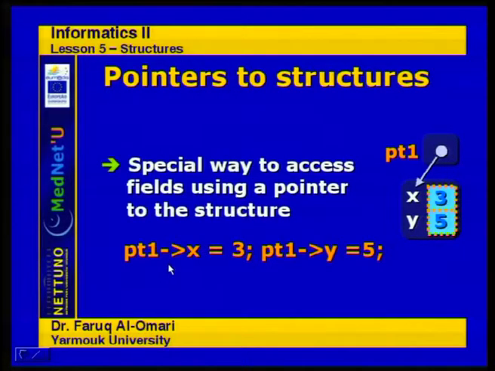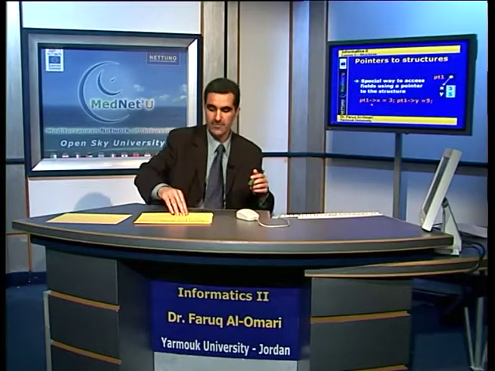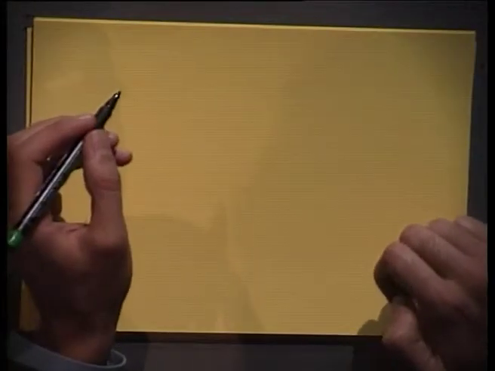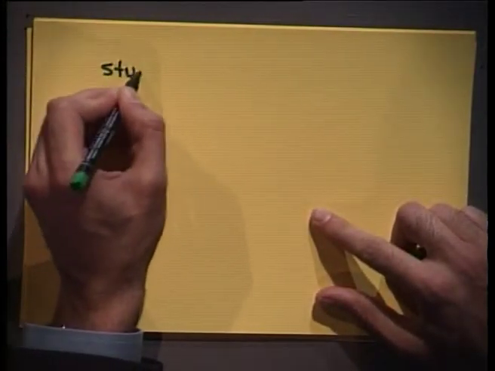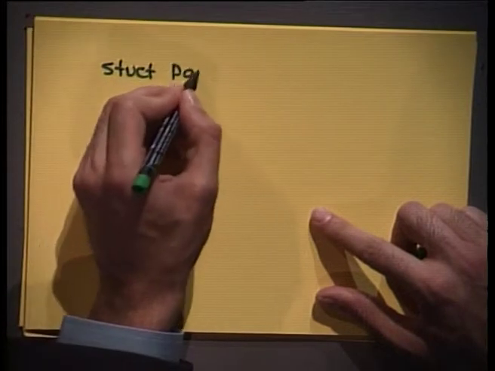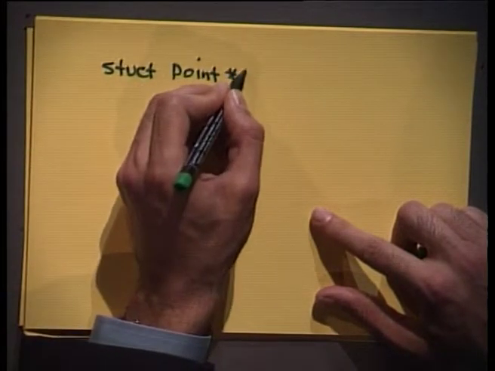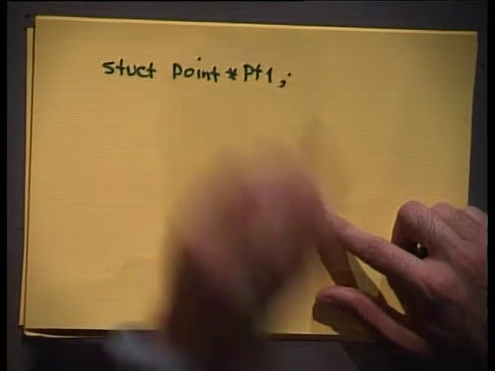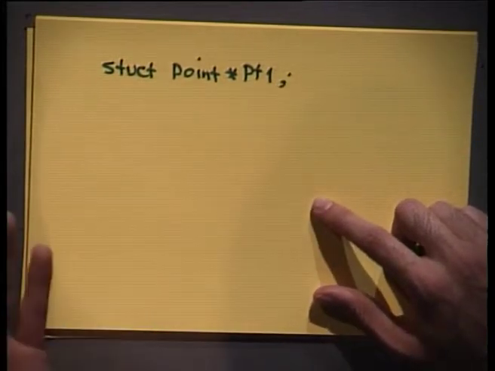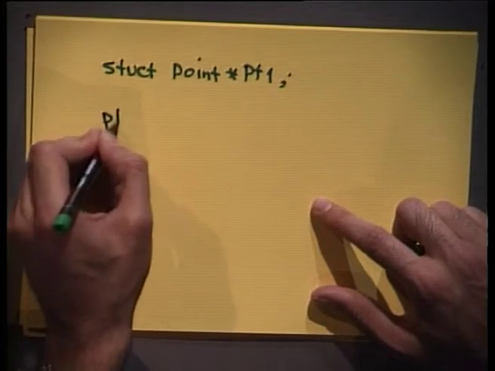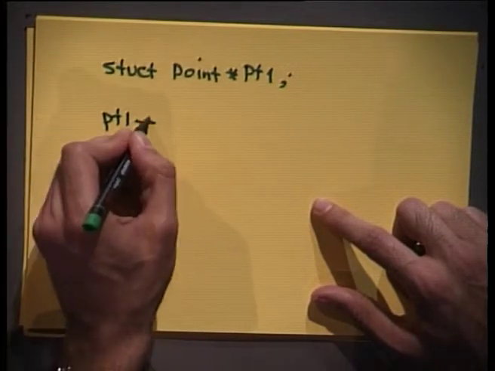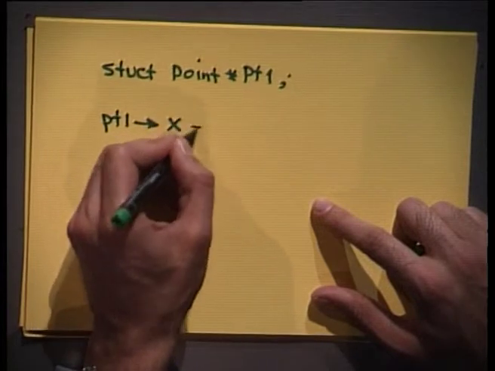and that's the arrow, the minus sign followed by the greater sign. So when I define my pt1 to be of type pointer, like this, struct point star pt1, and then to refer to the x component now, I write something like pt1 arrow x equals 3.